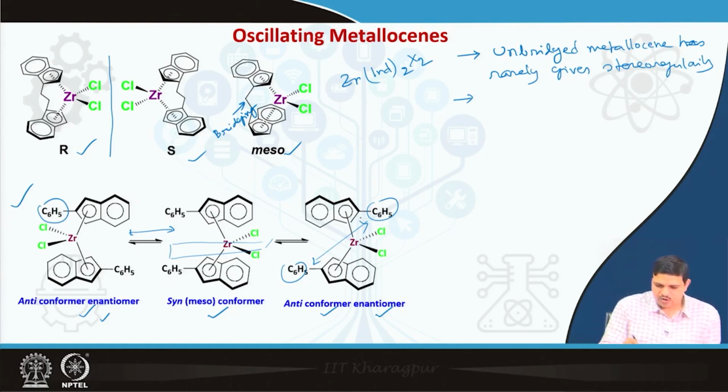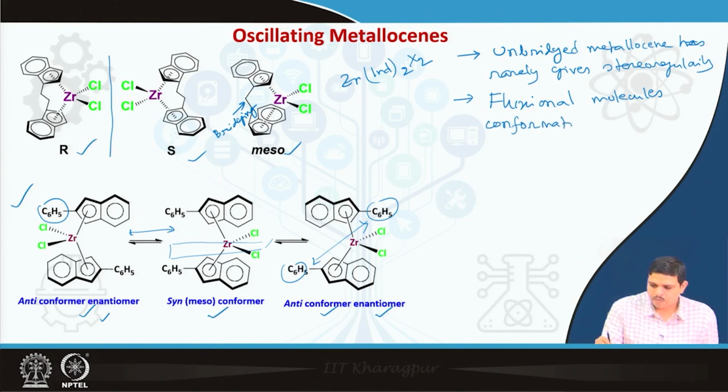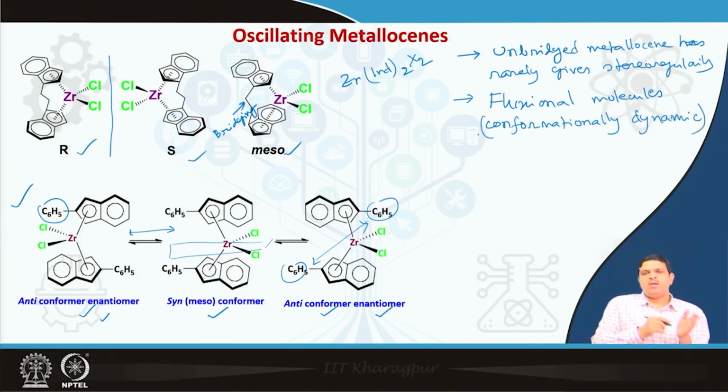So, this kind of molecules are called fluxional molecules. That means conformationally dynamic. Okay, mainly dynamic. So, it can exist in different conformers, but with sufficient lifetime. Okay.